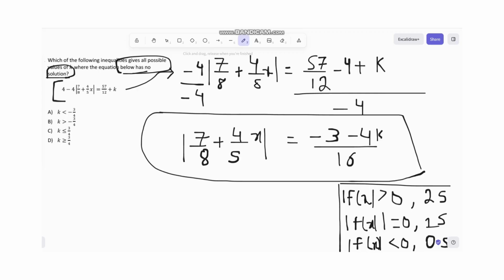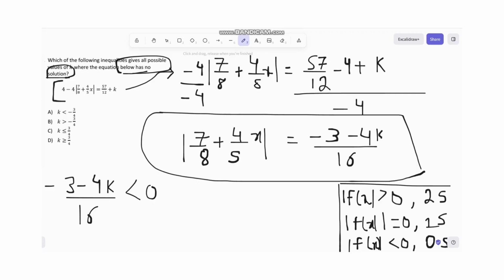That means if this term is less than 0, then this whole equation will have no solution, right? Let's do it then. Negative 3 minus 4k by 16, this whole thing has to be less than 0. Why? Because this is the condition for an absolute value to have no solution.